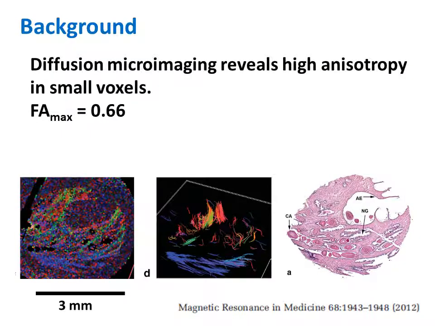If we look at anisotropy on the same kind of spatial resolution, again 40 microns isotropic, we find that the maximum FA is actually fairly high, about 0.66, similar to what you'd see in heart muscle, say. And the orientation of the anisotropy, or the principal eigenvector of our diffusion tensors, matches up quite nicely with the orientation of the stromal myocytes.